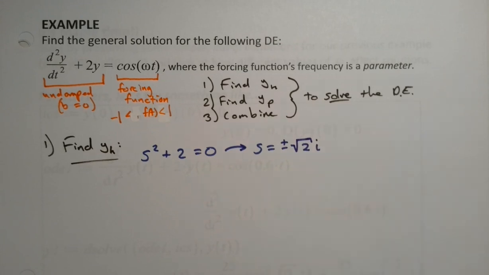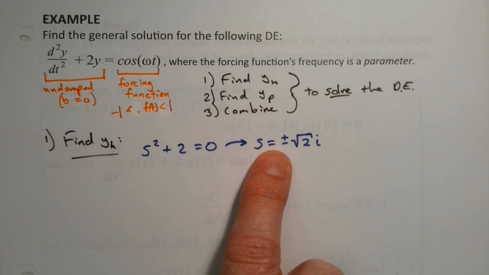So we've got imaginary values for our s, which is telling us that we're going to have a phase plane that is rotating around the origin. And because the alpha value here is 0, this thing is just going to rotate around the origin but never increase or decrease in magnitude. So it's basically just orbiting the origin of the phase plane.